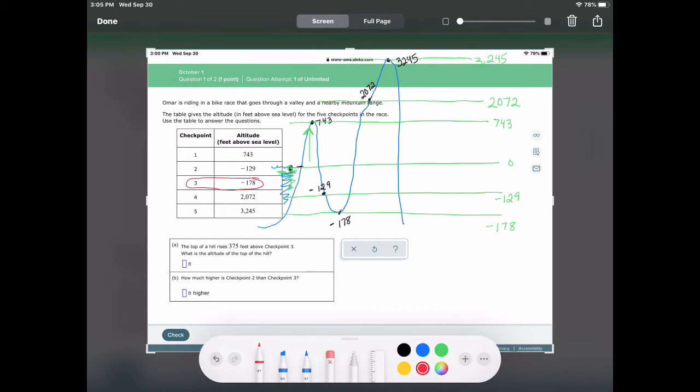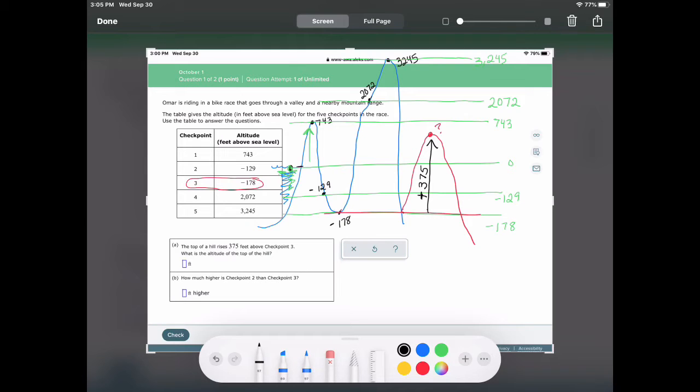Let's say maybe the top of the hill is over here, and it rises like that. And let's say this is the top of the hill that's in question, and here's where we're going from, and we want to go up 375 feet.